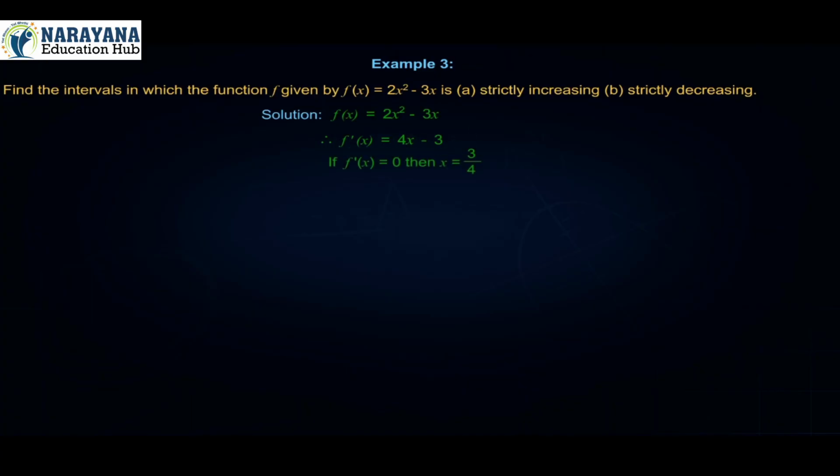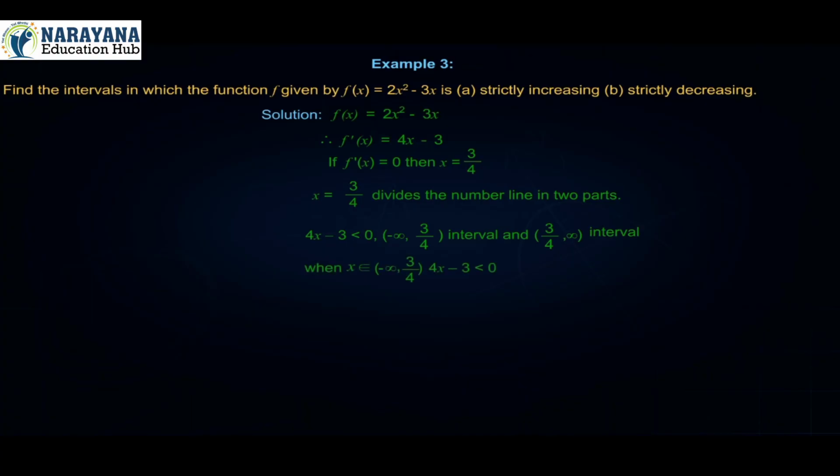If f dash of x is equal to 0, then x is equal to 3 by 4. x is equal to 3 by 4 divides the number line into two parts: open interval minus infinity to 3 by 4, and open interval 3 by 4 to infinity.